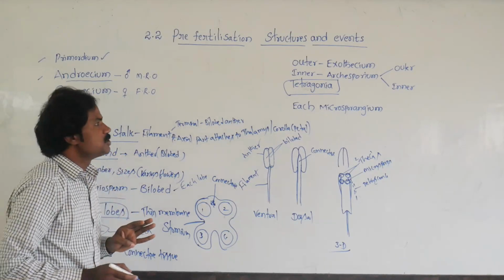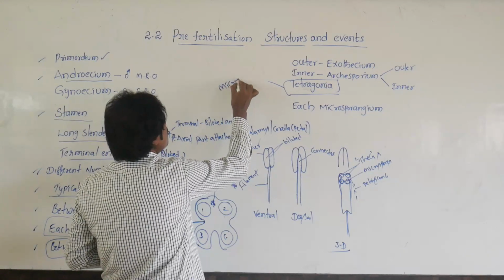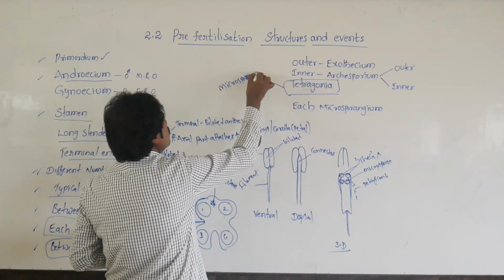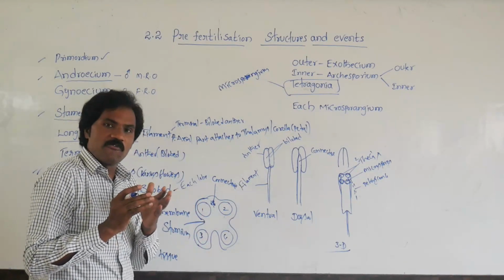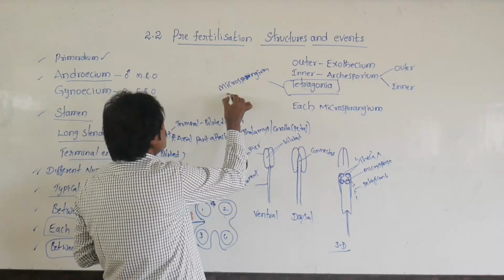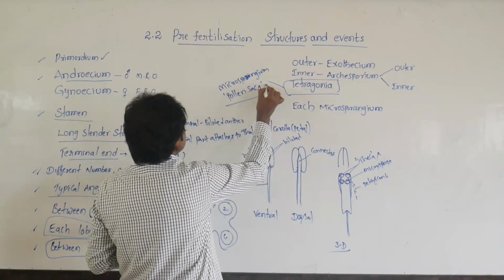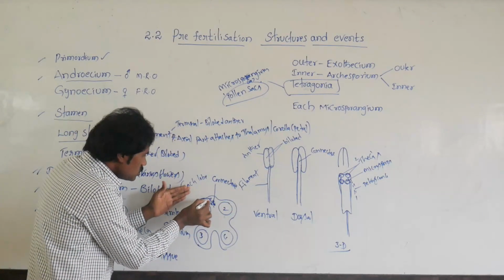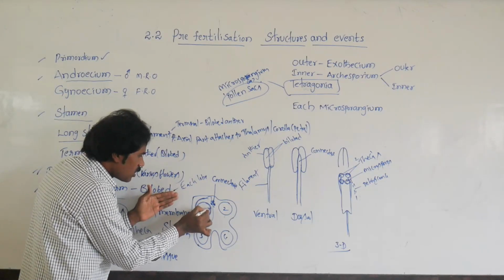Four microsporangia. Each and every one we call a microsporangium. Like this, four are present. Each microsporangium, otherwise we call pollen sacs. So this is one microsporangium. Inside, whatever is lined is what we call the microsporangium.